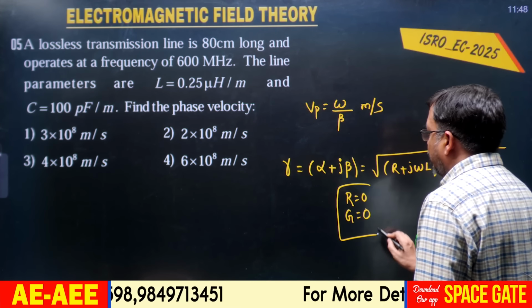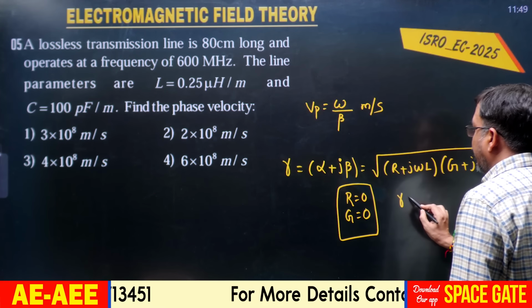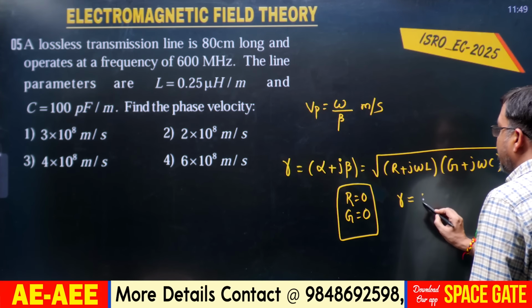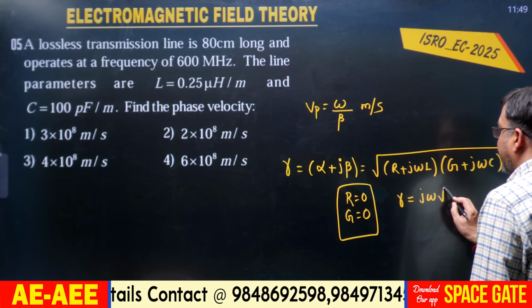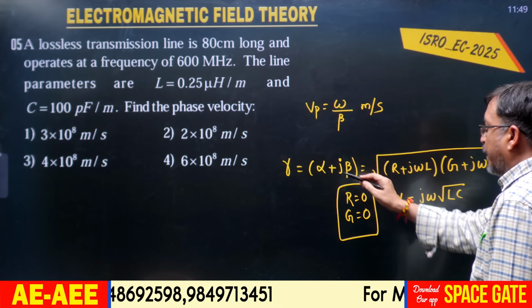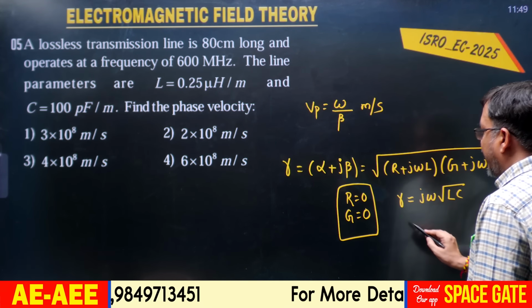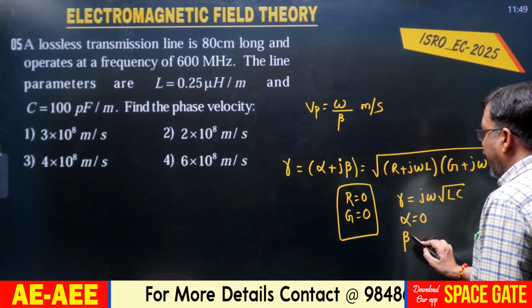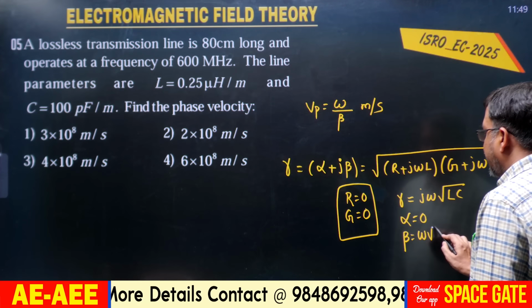When R equal to 0, G equal to 0, then gamma equals what here? Gamma equals j omega root LC. Comparing attenuation constant and phase constant, alpha equals 0 and beta equals omega root LC.